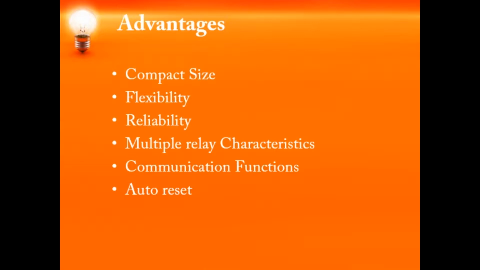That means the panel needs minimum wiring compared to what is required for the conventional one. The second is flexibility. It is very important because you can easily program the preset value. You can program it in any way you want, so it is more flexible compared to electromechanical relays. Next is reliability.